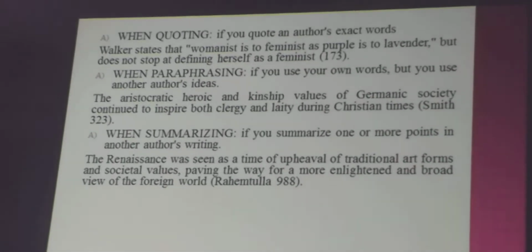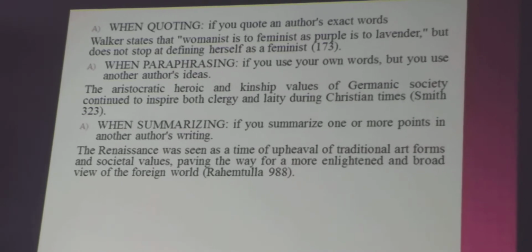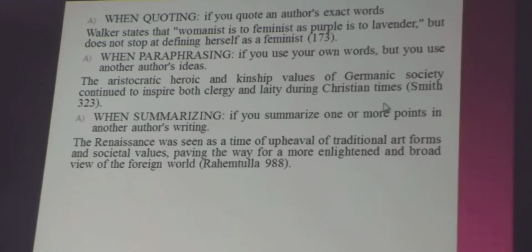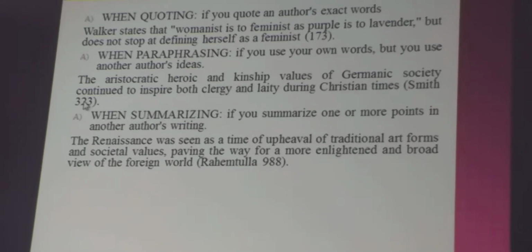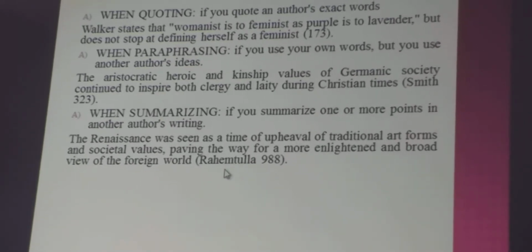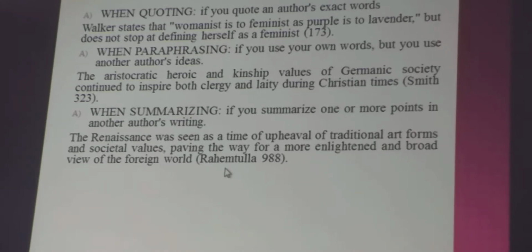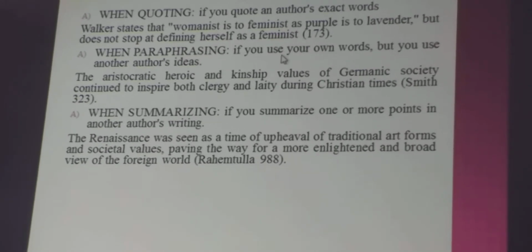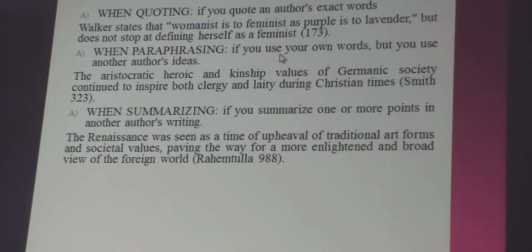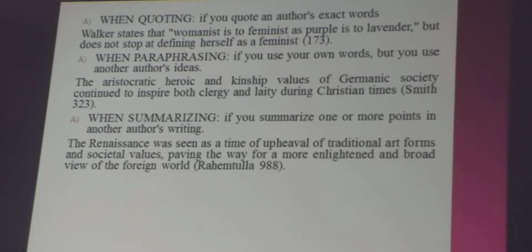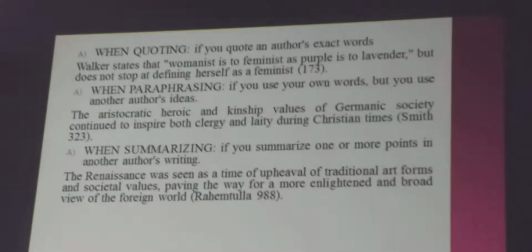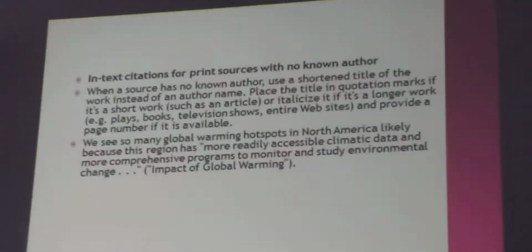So this is one quoting, one paraphrasing. In MLA, you keep the page number. When you are summarizing, of course, you put the page number, and use parenthetical or narrative citations depending on the focus. Either you are focusing on the author or on the information. It means author prominent or information prominent.